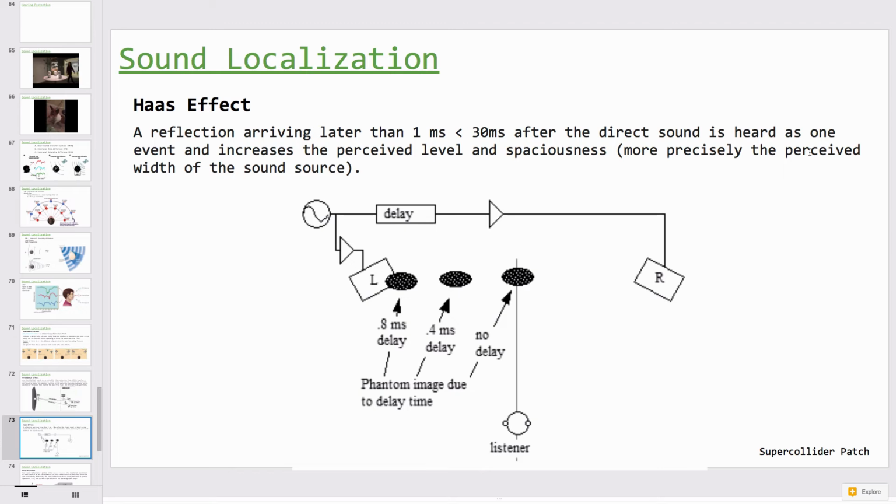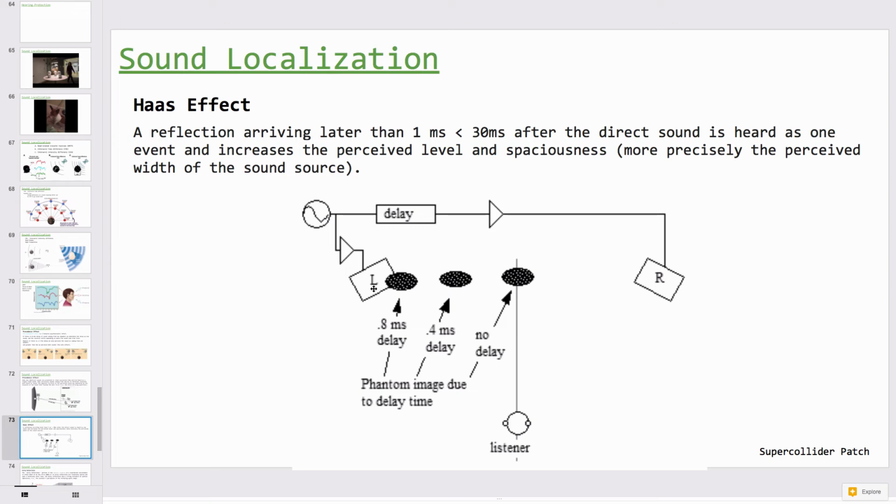You're not going to hear those as two separate events, all right? And what generally happens is, if it's the same signal, it's going to increase the spaciousness of the actual signal. So it's going to sound like it's coming from a wider area instead of just one place.